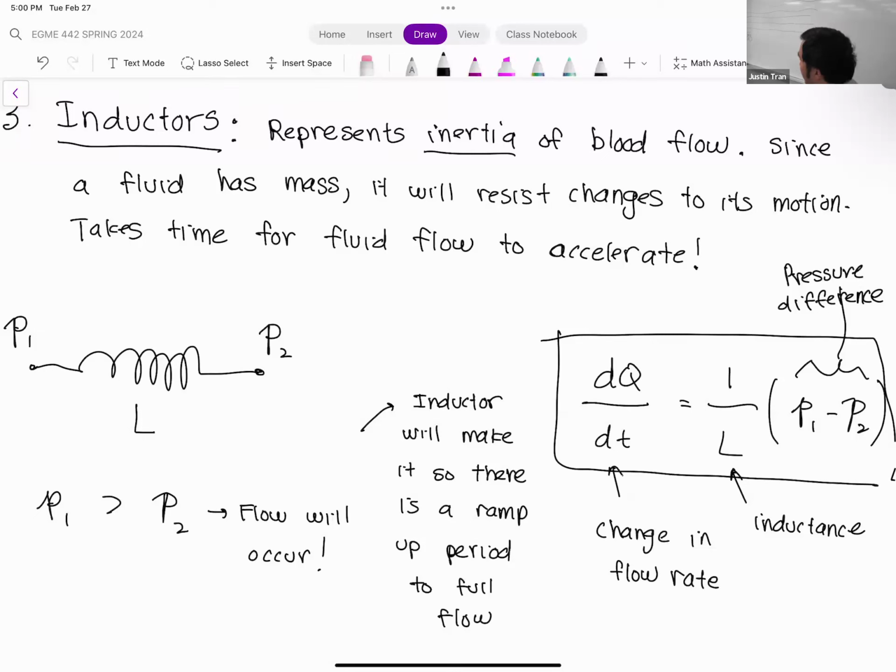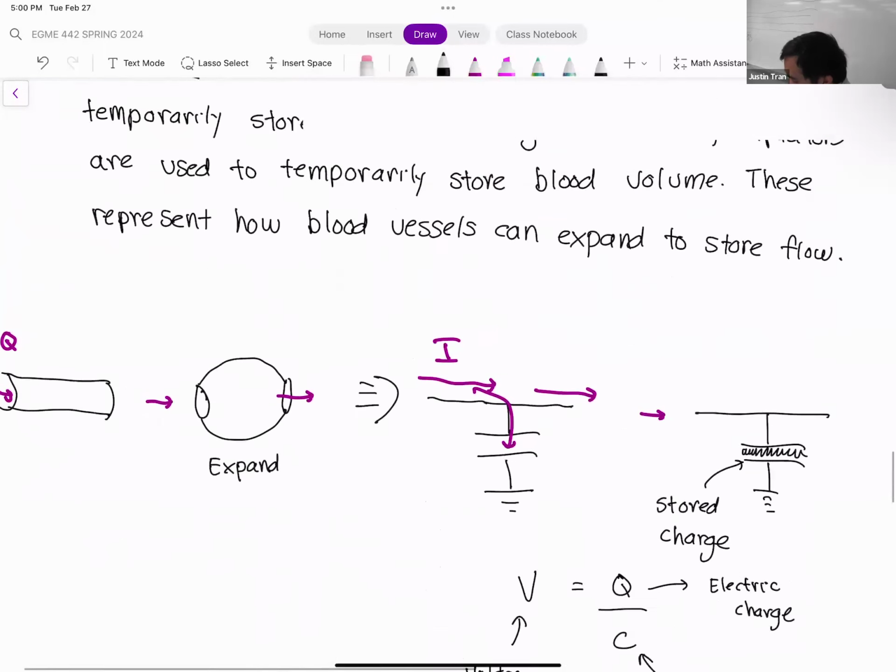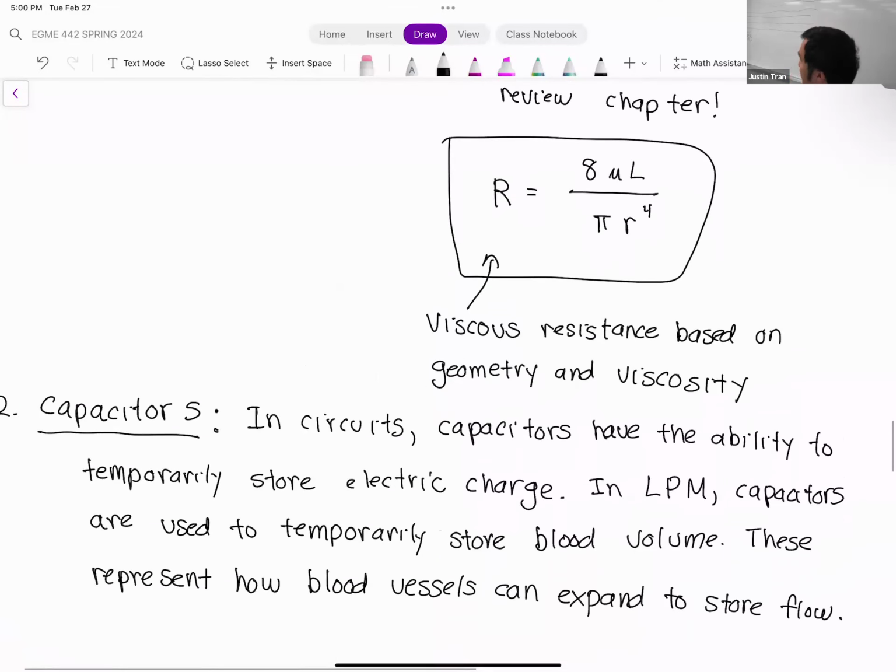Great question. I was actually going to get to that next too. For the resistance, we did have an equation. Based on fluid mechanics, based on Navier-Stokes, we can compute roughly the resistance of a blood vessel using this equation here.